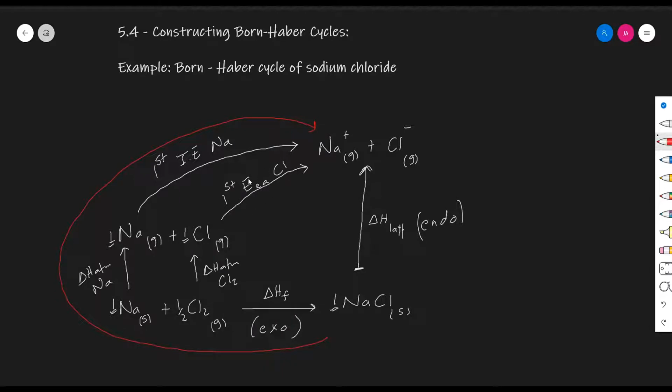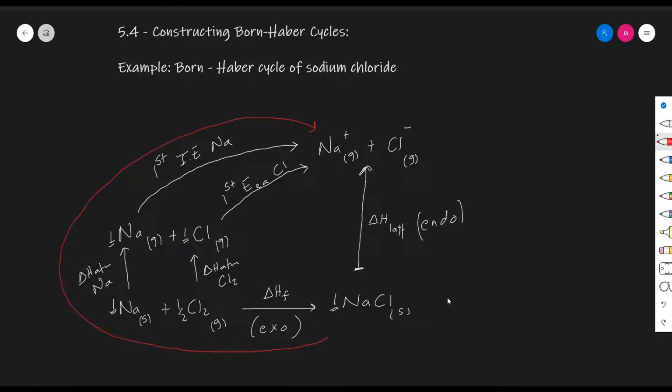as well as the first electron affinity of Cl, because they're all moving in the same direction as we are moving in the cycle. And I would subtract the enthalpy change of formation from the sum of these values, since the enthalpy change of formation is in this direction and I'm moving in the opposite direction in the cycle.